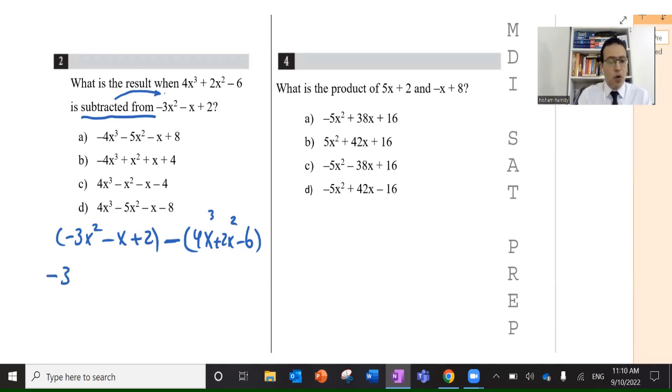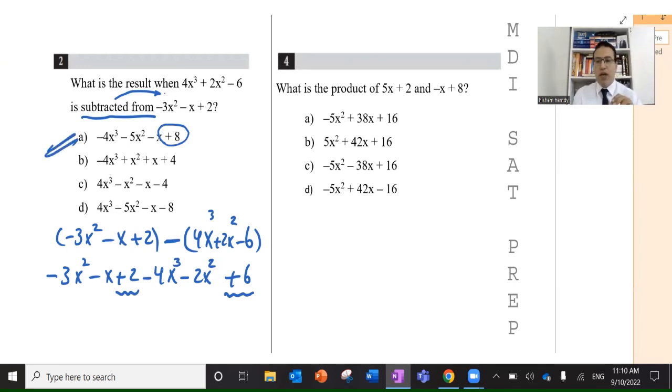Then I'm going to rewrite it, as we learned before, and change the sign of this bracket. So it's going to be negative, and negative by negative is going to be positive. Look here, positive 6 and positive 2 give me positive 8. And the only answer that has positive 8 is 8.